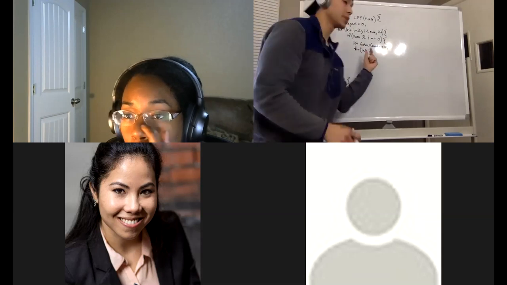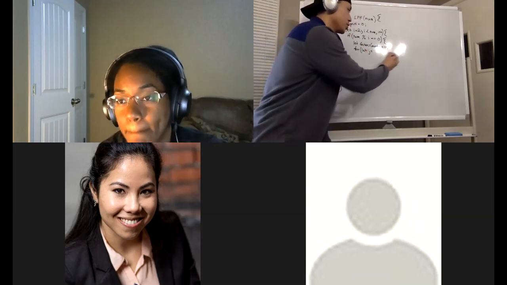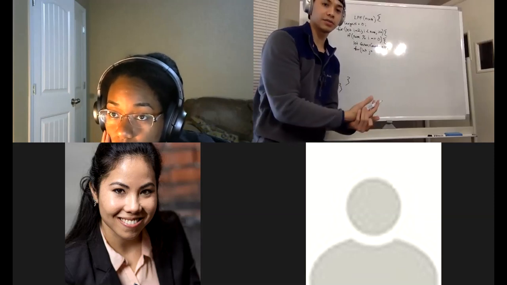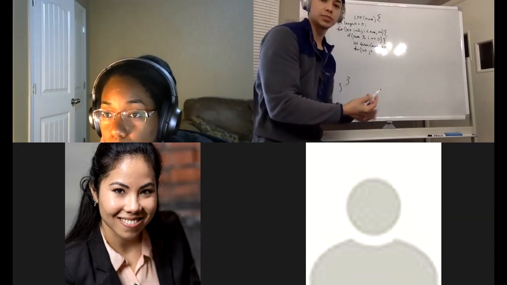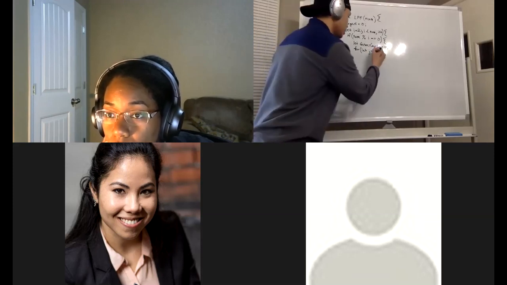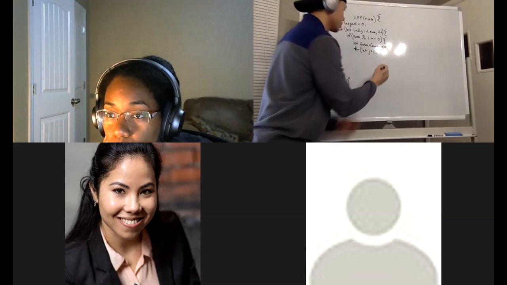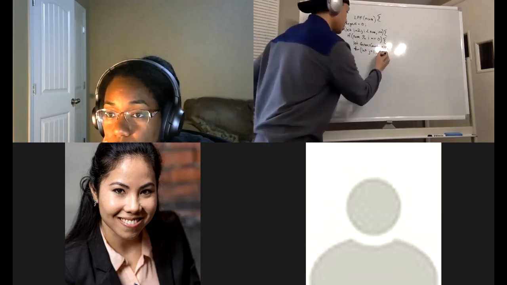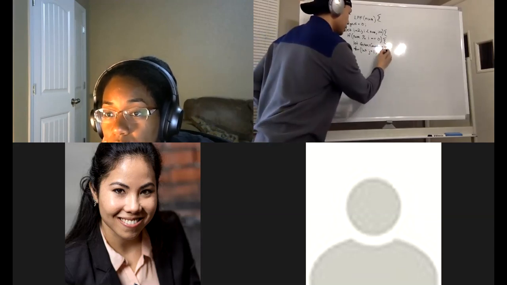We want to iterate through all the numbers between, so we should really start at 1, right? Because 0 is not going to be a factor of any number. So we'll start at 1. Good. And then what's my constraint in here? My conditional? Where J is what?